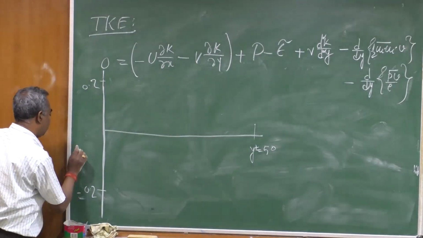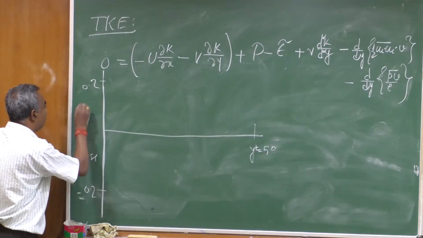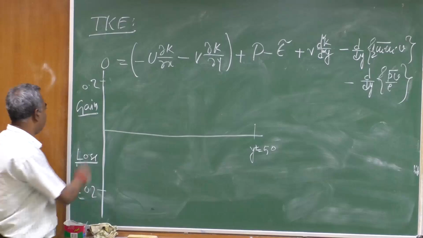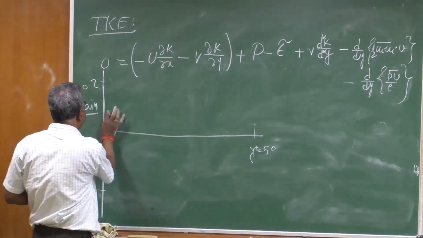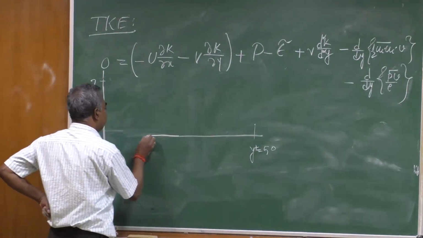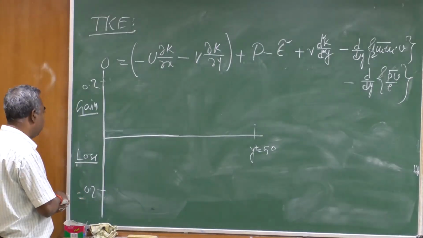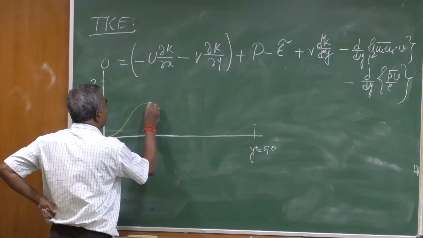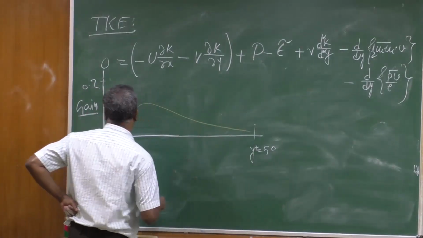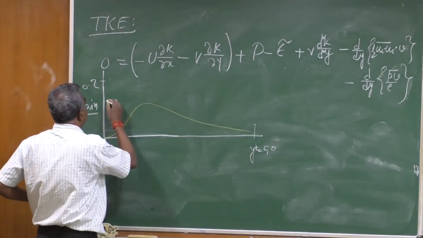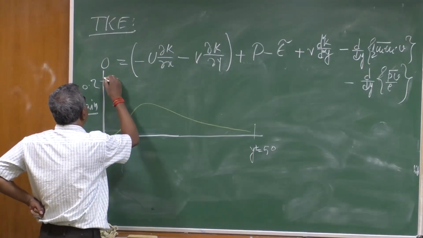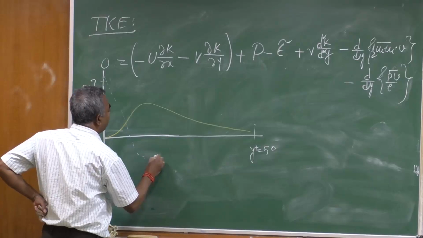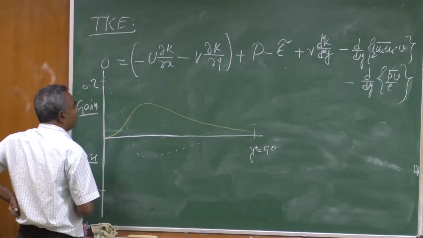This side is your loss and this side is your gain. If you plot this, production will come like this, and your diffusion term will come something like this.